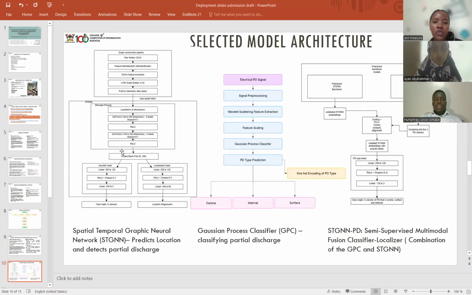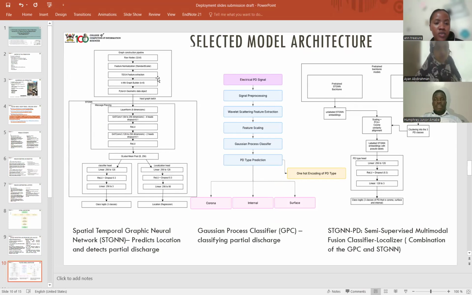These are the two models that we selected. One was a spatial temporal graph neural network that was used to predict location and detect partial discharge. With this, you had to process the data into graphs.